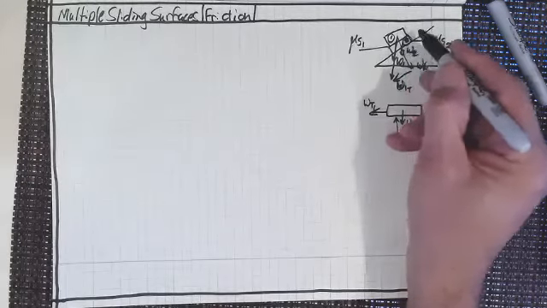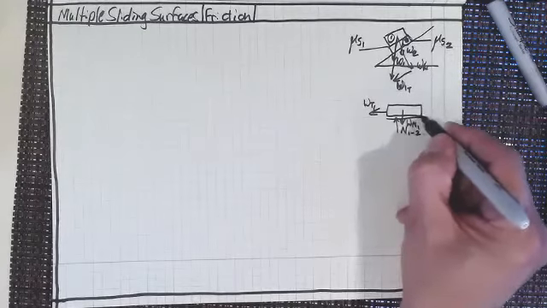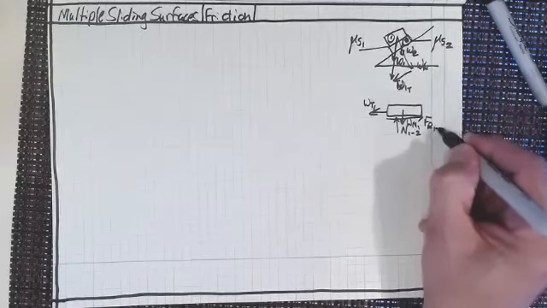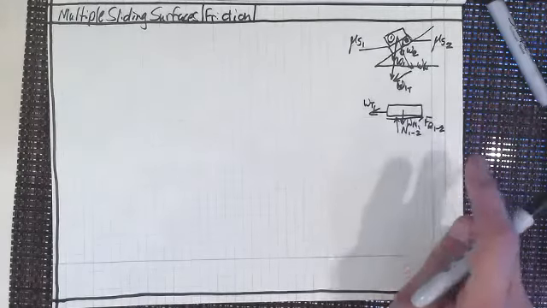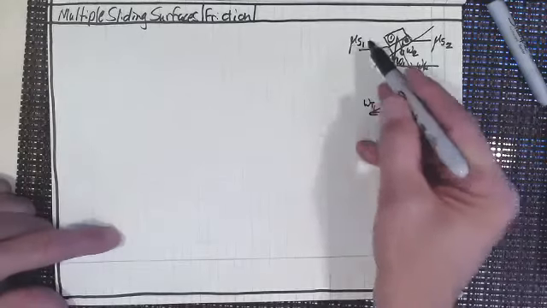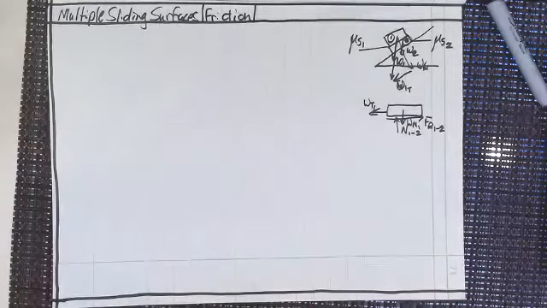We don't have to worry about anything else. All we have to do is figure out that this is the frictional force between block 1 and block 2, and we know that would be the normal force between 1 and 2 times the coefficient of static friction between block 1 and block 2.